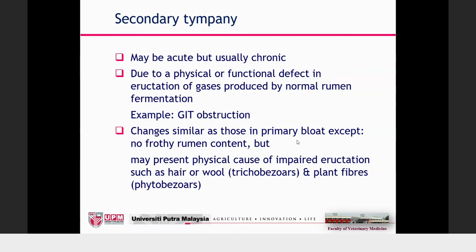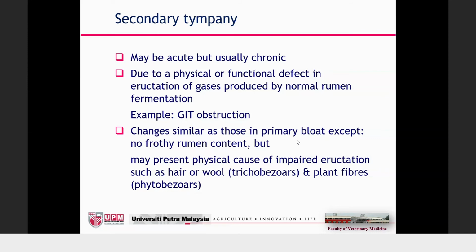But in normal condition, this gas will be eructed. But unfortunately, when the GIT is blocked or obstructed, this gas fails to be eructed and starts to accumulate in the rumen.